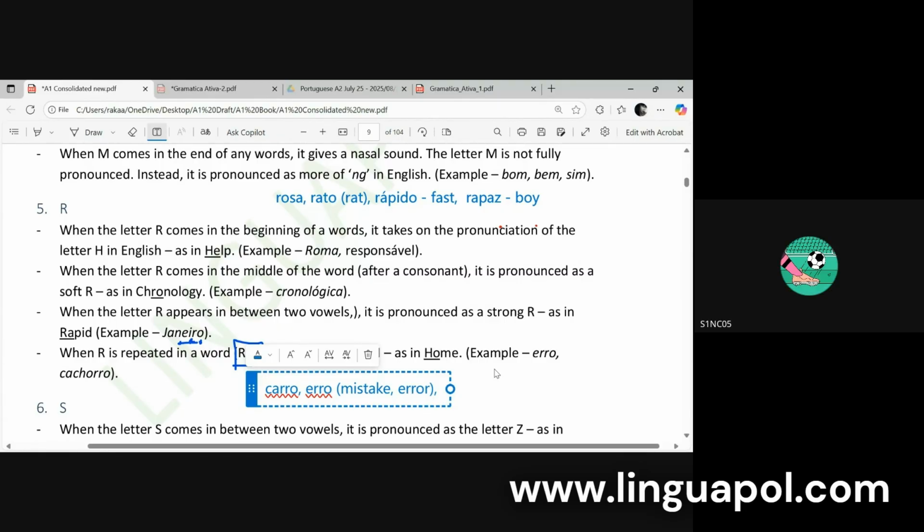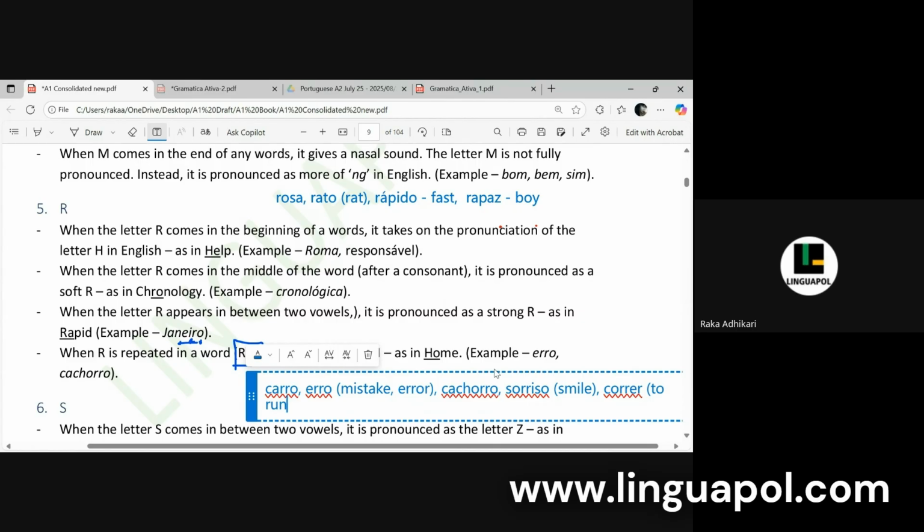Cachorro. Cachorro. Okay. Let's say common word sorriso. Sorriso means smile. Okay. Then let's do some verbs like correr. Correr means to run. Morrer means to die.